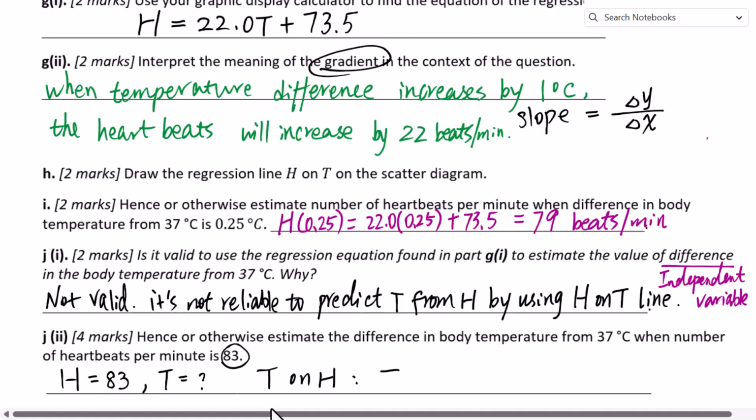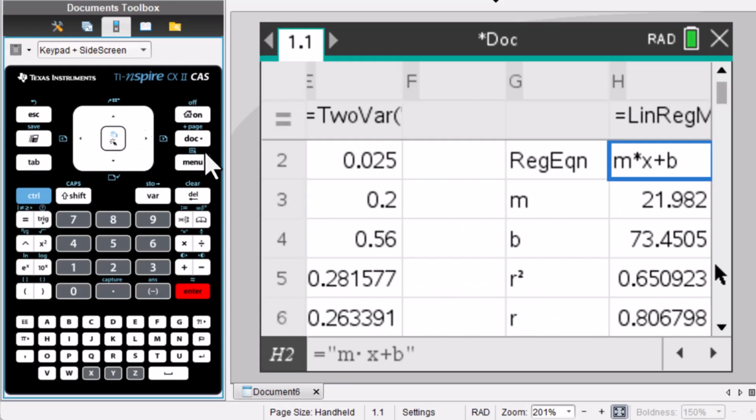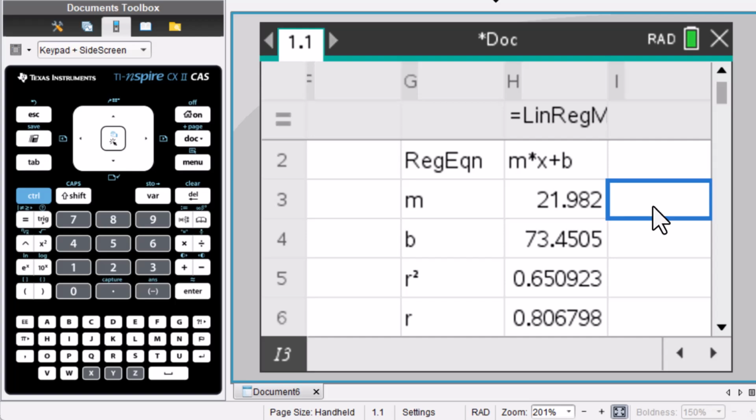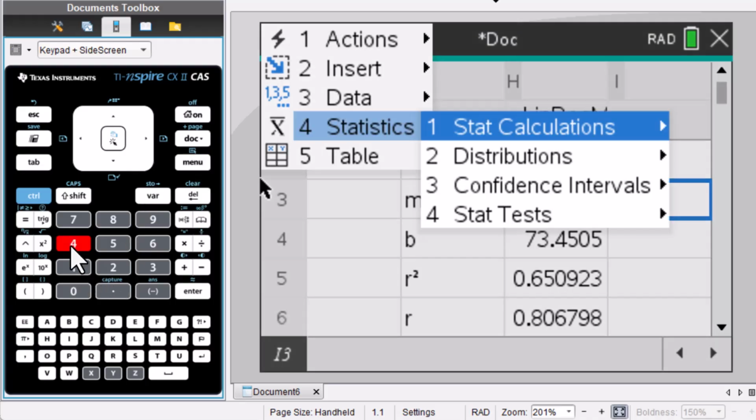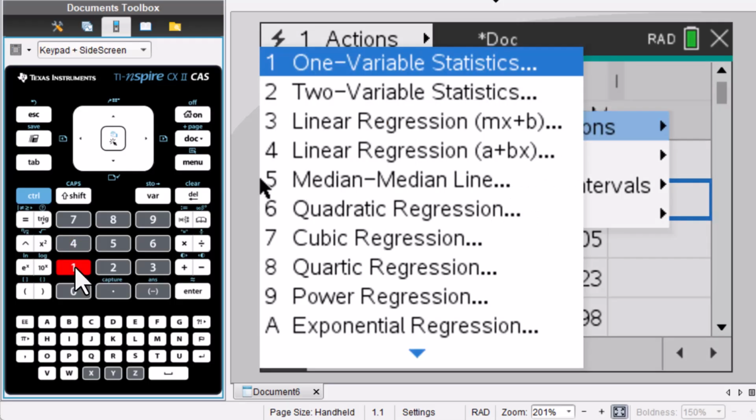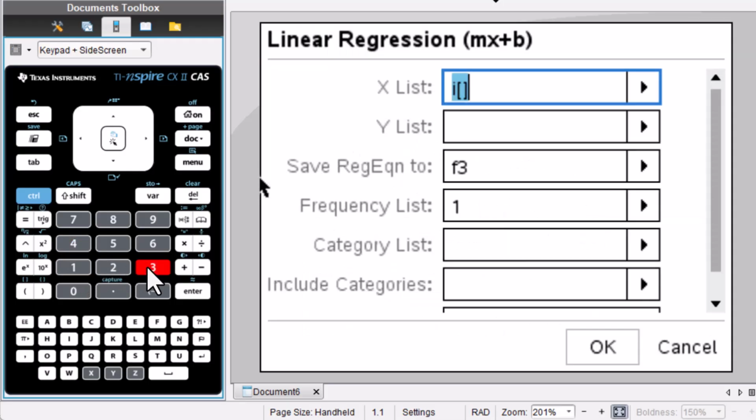which means T equals. Let's go back to this calculator. Make sure the cursor is on an empty cell. Menu. Go to 4, 1, stat calculations. Go to 3.